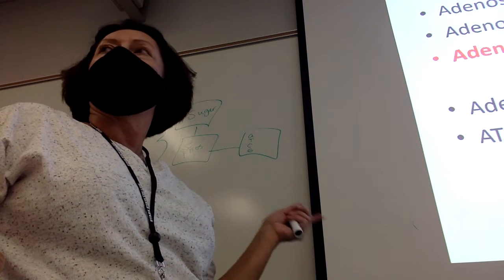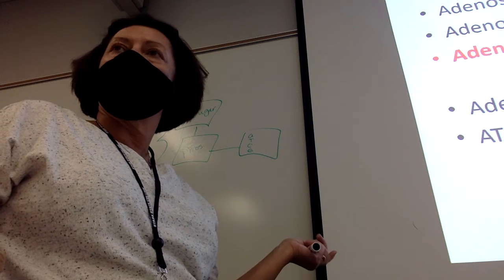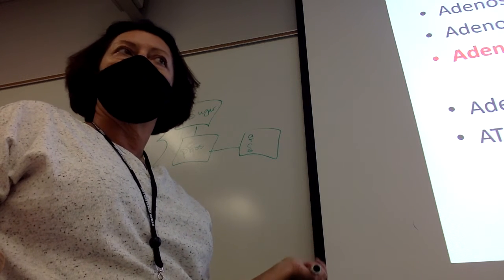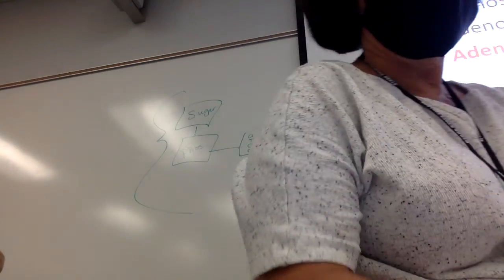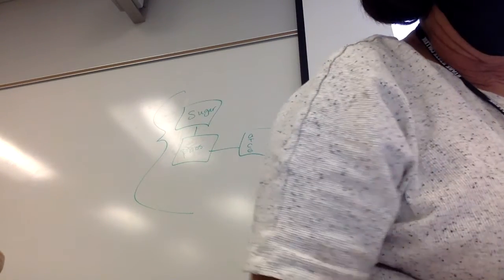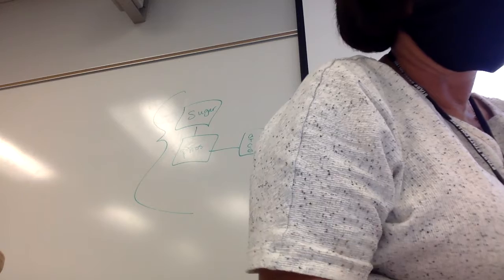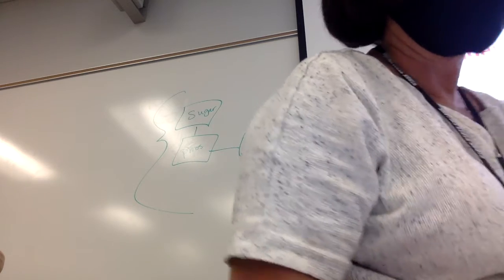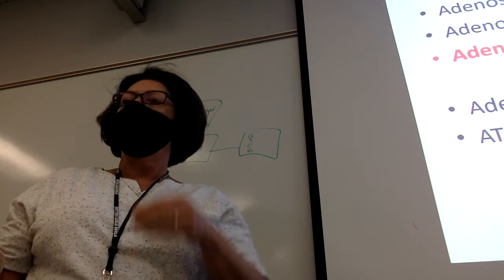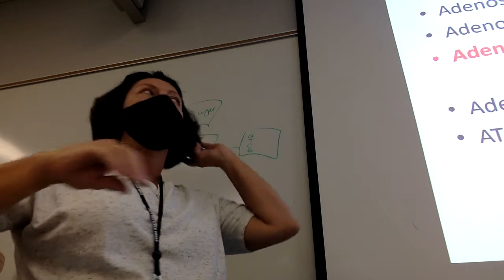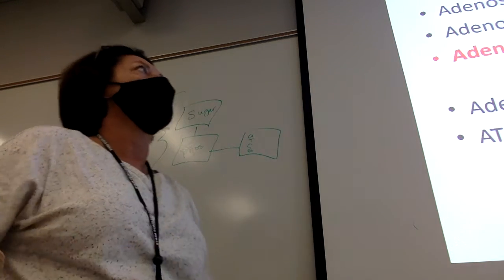That's the energy source that makes everything happen in your body. Adenosine triphosphate. I am so sorry I had to fly through that. Energy source that makes everything happen in your body. And AMP, adenosine monophosphate, diphosphate, triphosphate.